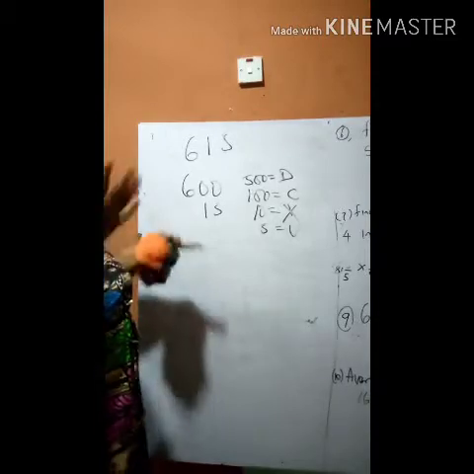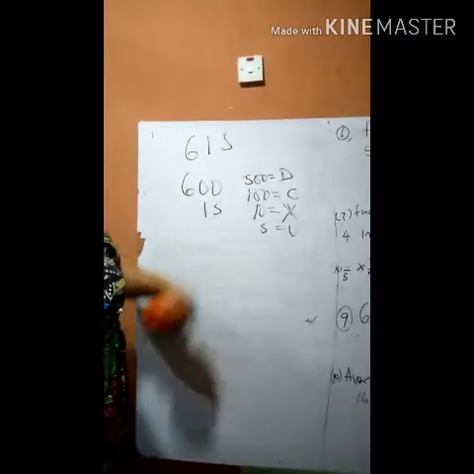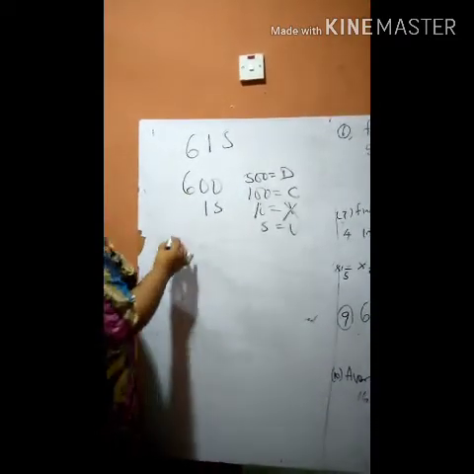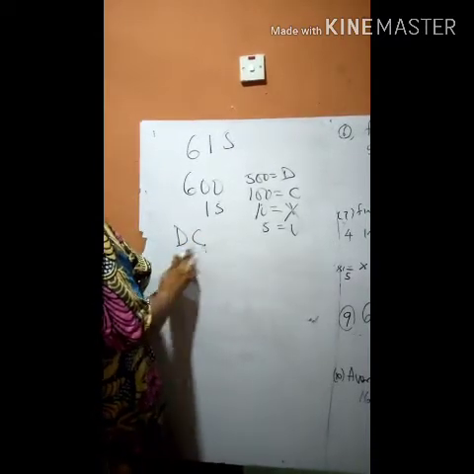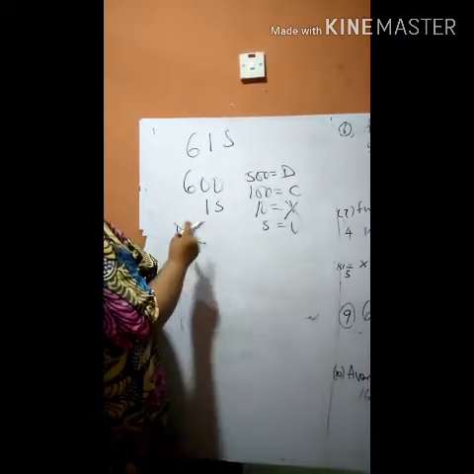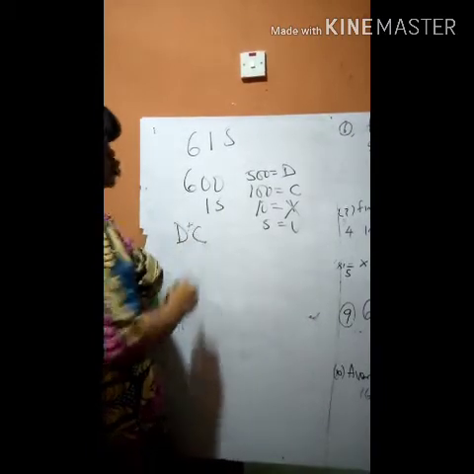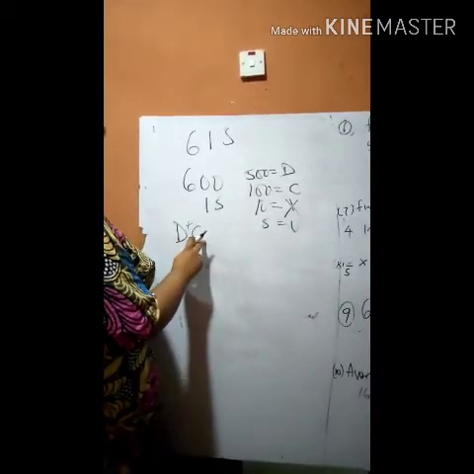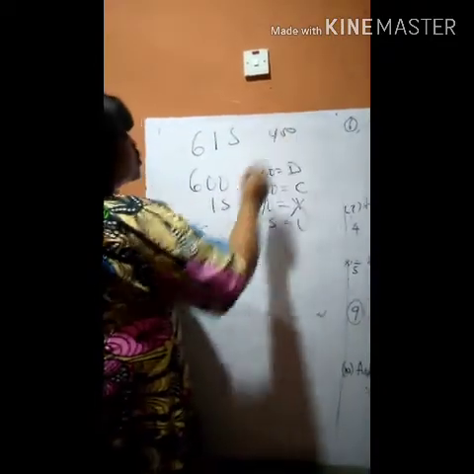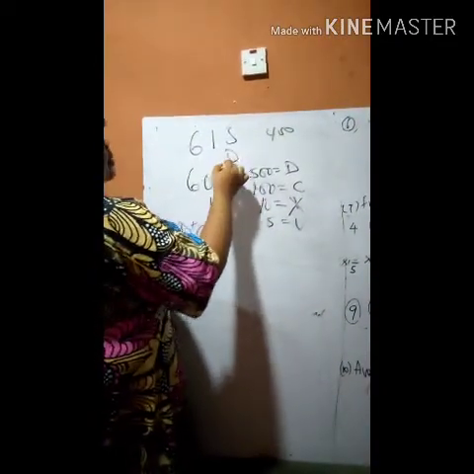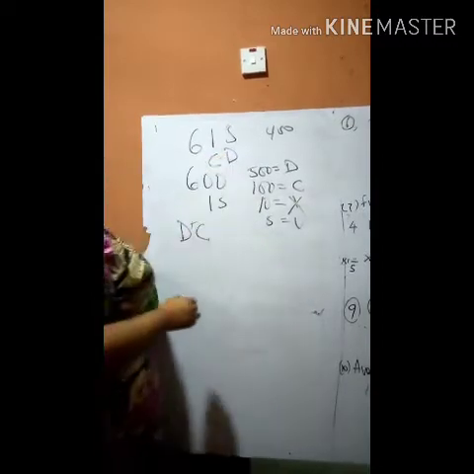615 is 615. 600 is made up of 500 and 100. So we say 500, which is D, and 100. How do I know that it's in front and not at the back? Because it is 500 plus 100. If it's plus, it comes to the front. If it's minus, it goes to the back. If we are looking for 400 now, 400 is 500 minus 100, so the 100 comes to the back.